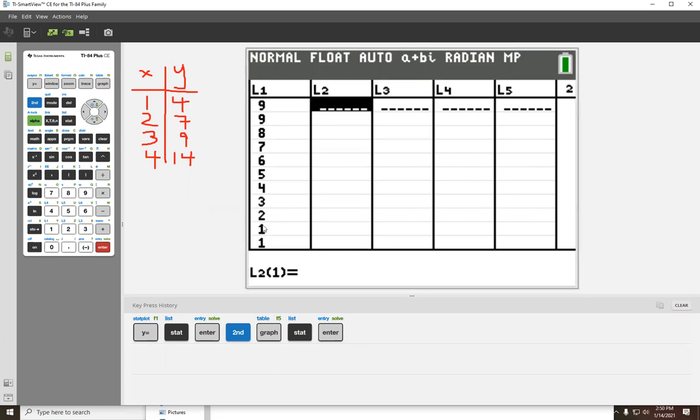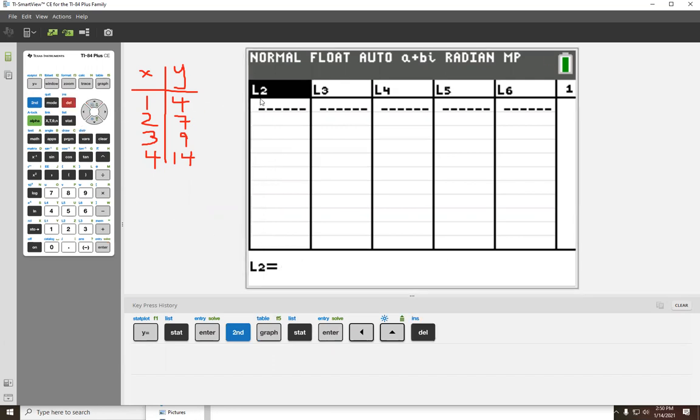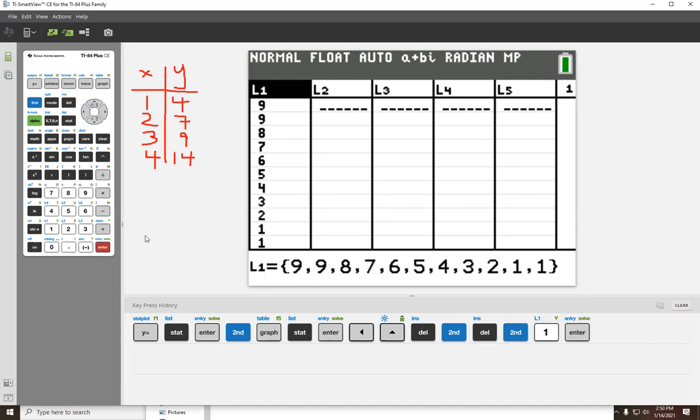Now, if you already have any information there, we're going to go up here and put the cursor on the name of the list. That way we can affect the entire thing. So what I want to do is get rid of all this. Now, I don't want to hit delete. If I do, that happens, and L1 is just totally gone. I don't want that. Now I can insert L1 back in, but it's just easier not to do that.